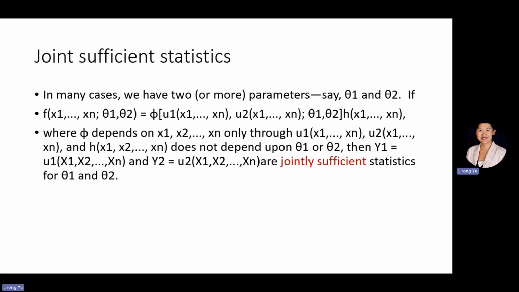So H is independent, and theta 1, theta 2 is related to our underlying sufficient statistic. If you can summarize things so that there are only two functions that you need in order to connect to theta 1, theta 2, these two functions, U1 and U2, are called jointly sufficient statistics for the parameters theta 1, theta 2.